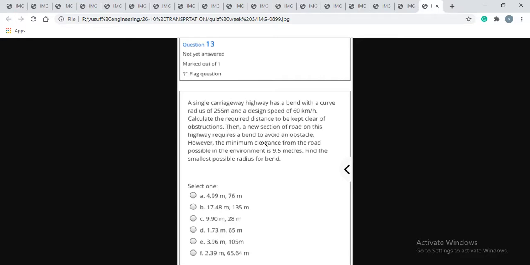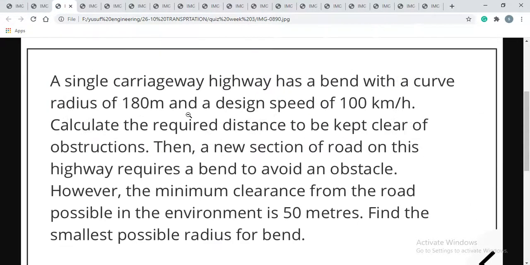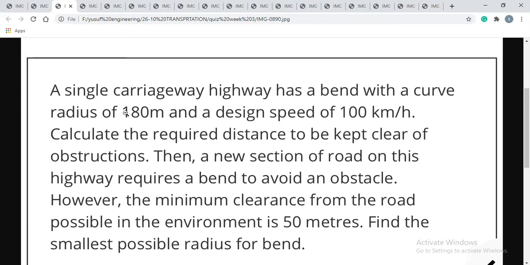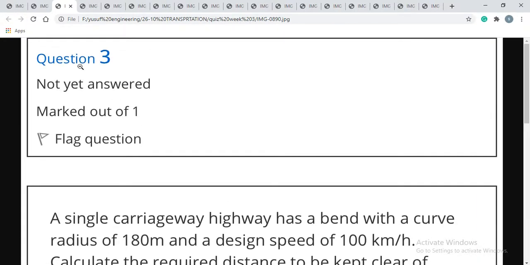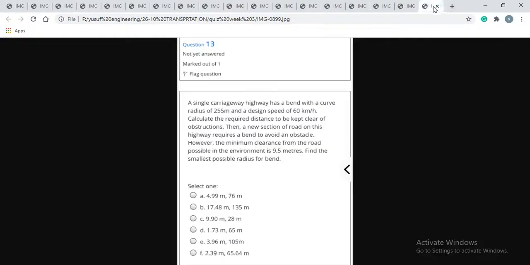This is question number 3, and question numbers 3 and 13 are the same, so you can refer to question 3 to solve this question.